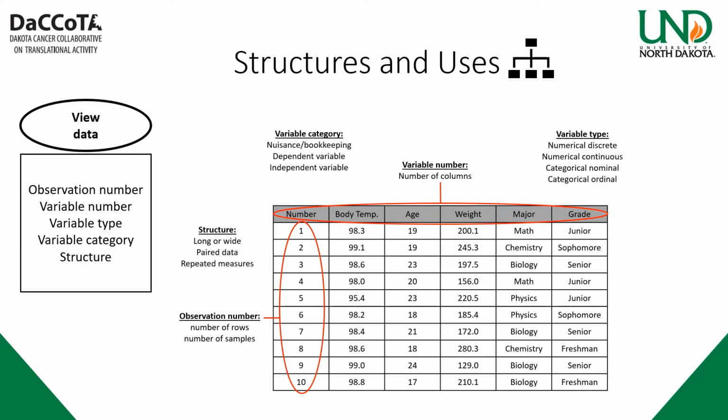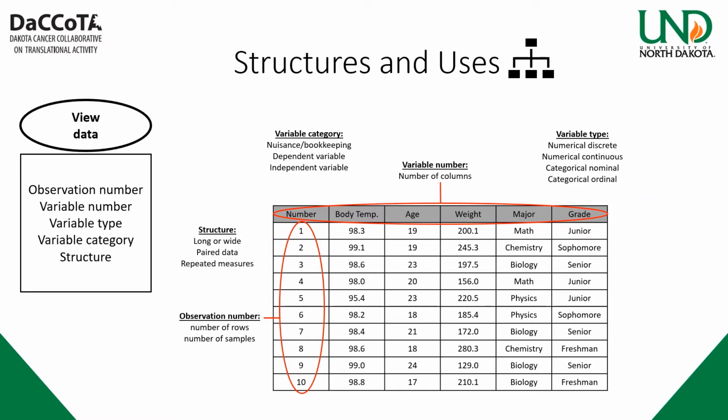There's numerical, which can be discrete, which means like age here, they have integer values that can only be a discrete number. Whereas continuous numerical, like weight here, can be any range within a continuum and often show decimals like here, as well as things like body temperature. Then there's categories, which are not numbers, like major and grade.